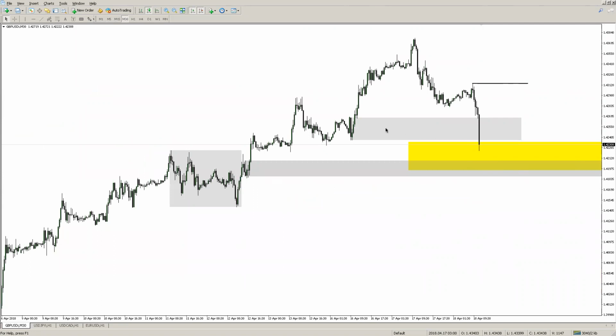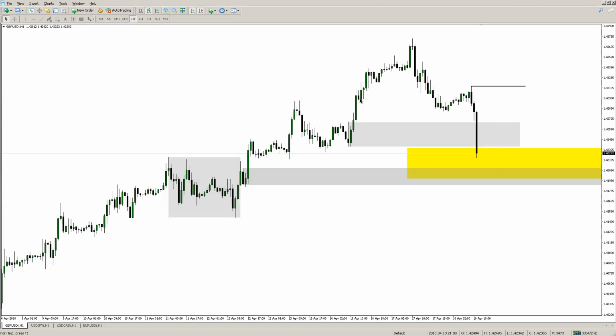All right. And also I want to talk about this. If we close, say this candle, let's go to an hourly. Say this candle closes super bearish like this. Well, let me pull this.